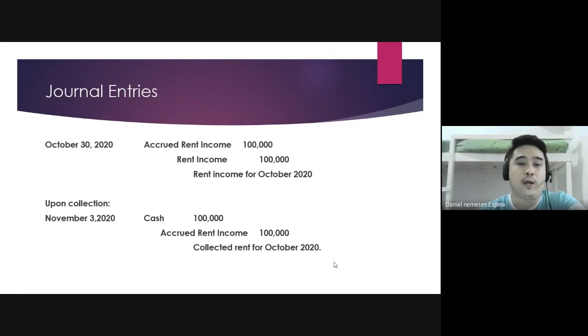So in this case, wala na, zero na ang accrued rent income. Ang mabilin na lang is cash 100,000 debit, credit rent income 100,000. For the explanation in November 3, you can state: collected rent income for October 2020. Again, for the explanation, I'm not very strict on how you are going to explain the transaction as long as it's related, so that is fine.